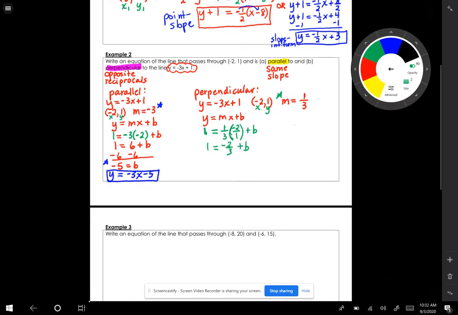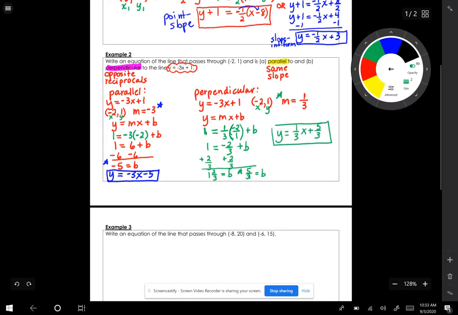And I want to add 2/3 to both sides. So 1 plus 2/3 is 1 2/3. We don't leave b as a mixed number. So that is the same thing as 5 over 3. Now we're going to put this together with that. So y equals mx plus b. And there you have it.